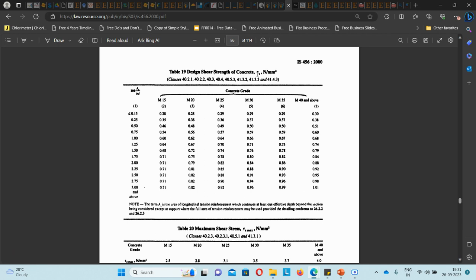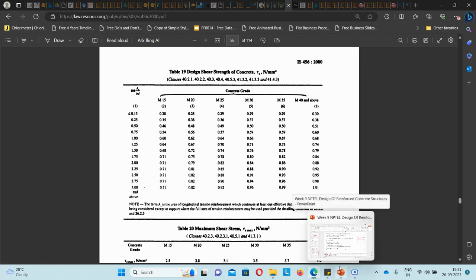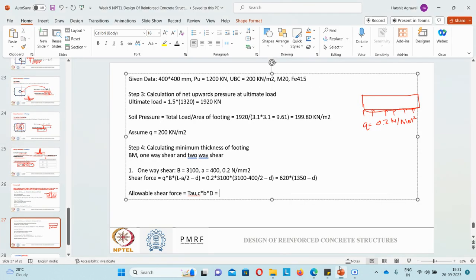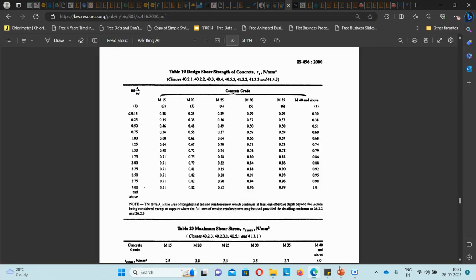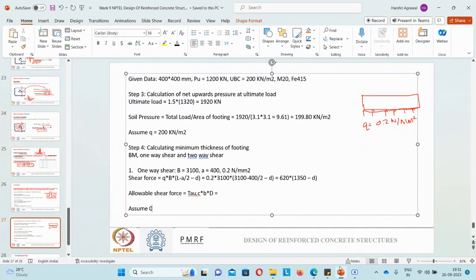In this, tau c depends upon the concrete grade and also the area of steel reinforcement that we are providing. But right now we don't know what area of reinforcement we are providing. So let's assume a round figure value only. Let's take the minimum, 0.15%. So assume we are providing 0.15% area of reinforcement.